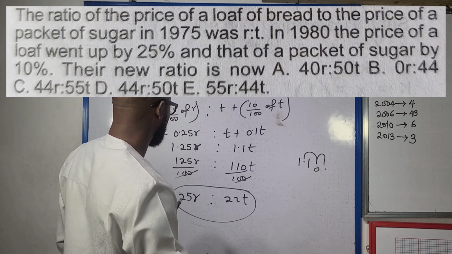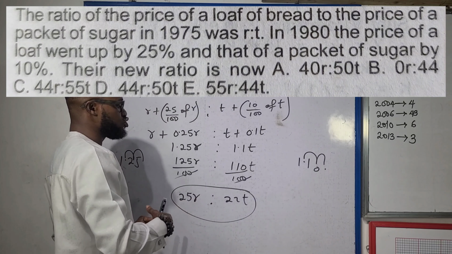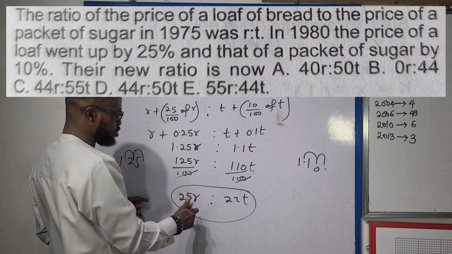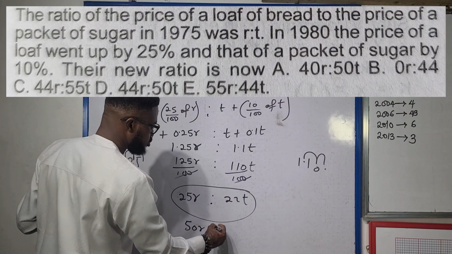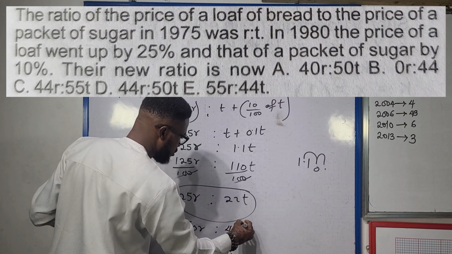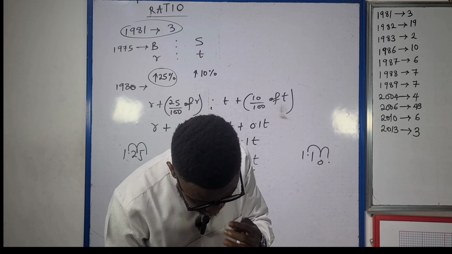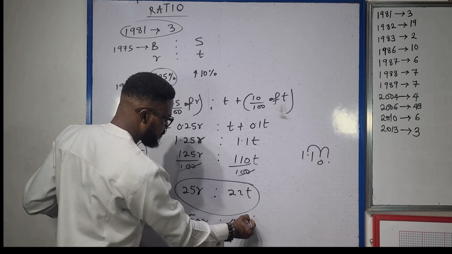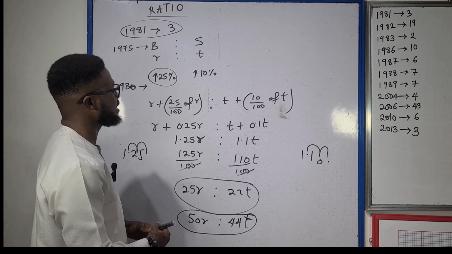When it is not in the options, it doesn't mean what you got is wrong, but you can double your answer. 25 times 2 will give me 50 R, and 22 times 2 will give me 44 T. Do we have that in the options? 50 R and 44 T is the correct answer here.